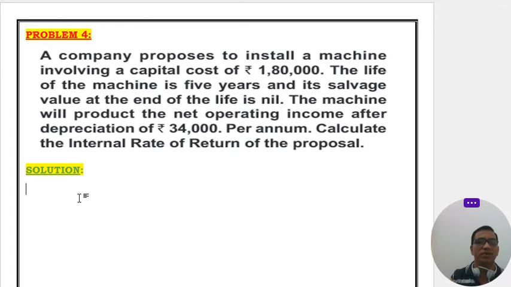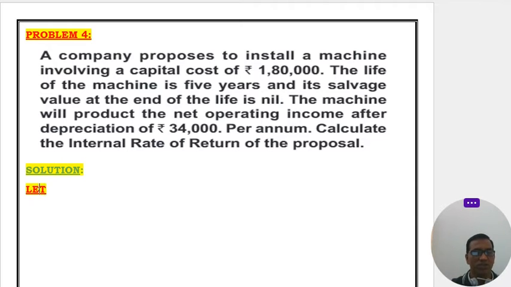So first what we have to do? What about cash flow? Is cash flow given in the question? No. What is given? Cost of the project is 180,000. What about cash flow? The machine will produce the net operating income after depreciation, 34,000 per annum. So after depreciation you have to minus tax. Tax value is not given.